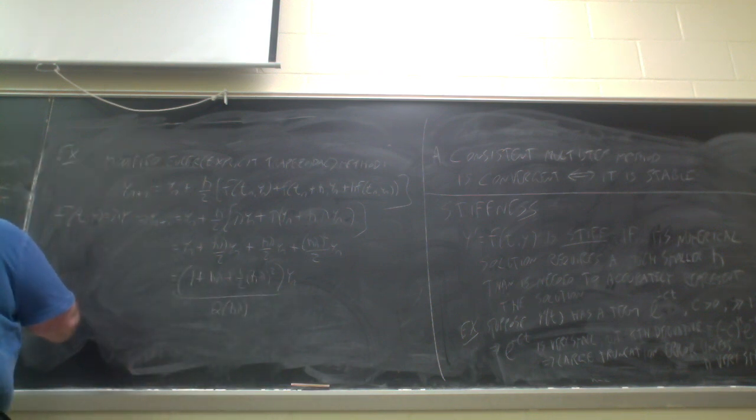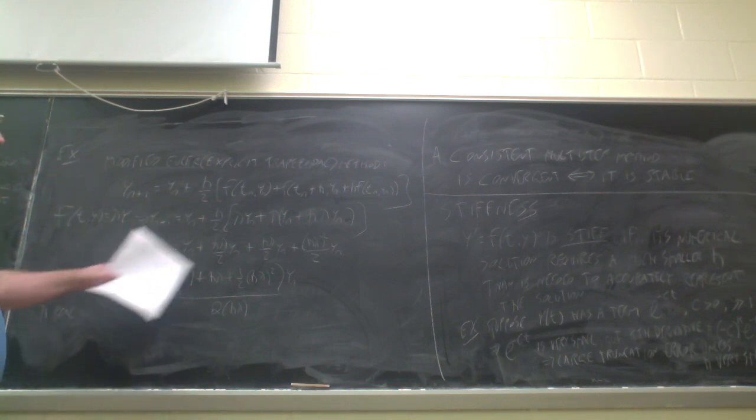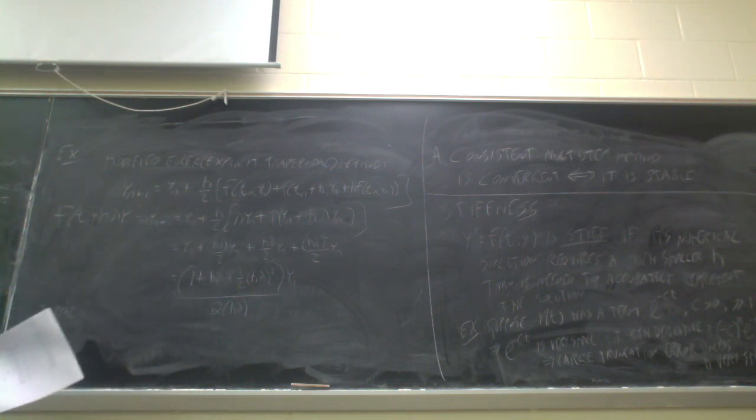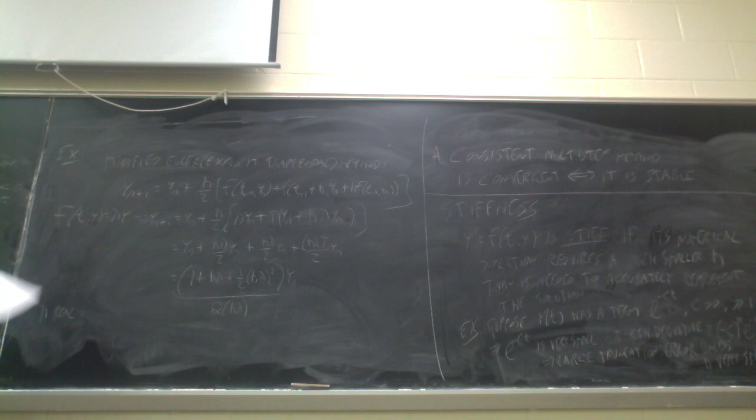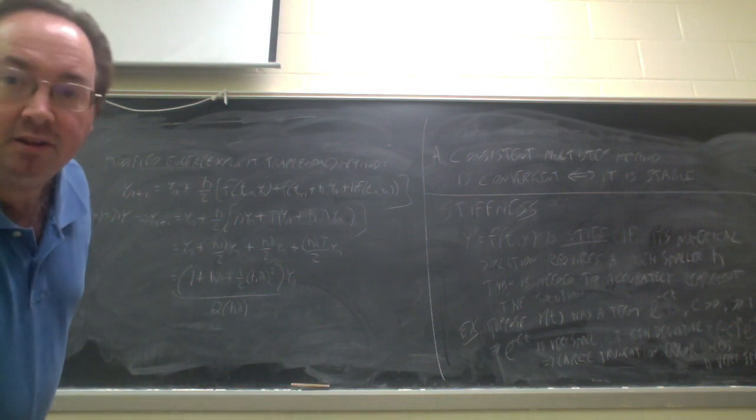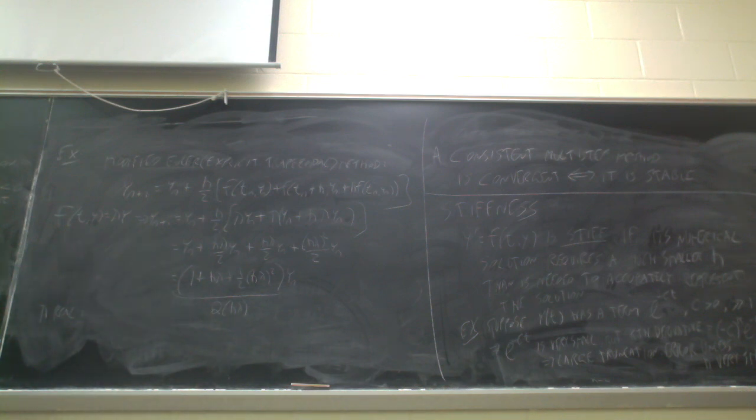But let's assume that lambda is real, just for simplicity. So I need this to be less than 1. Okay, so I have a conclusion here, but I'd rather just work it out. Okay, 6 minutes.